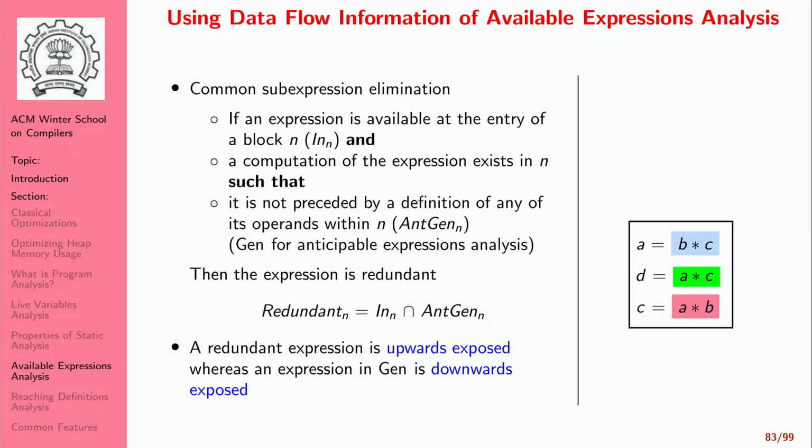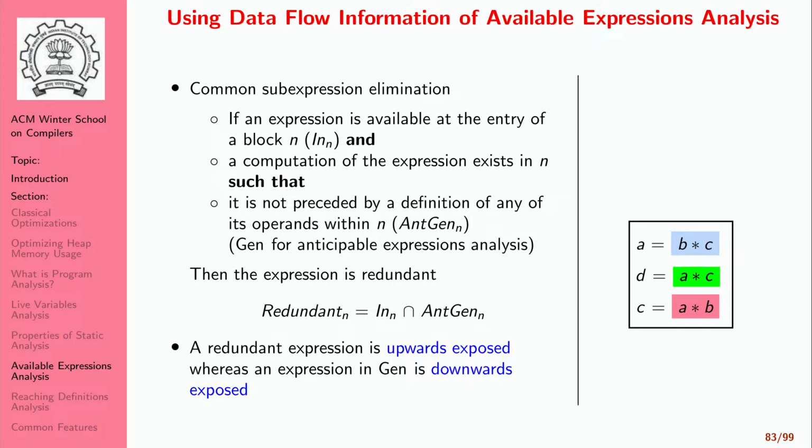If we have a basic block and we have an occurrence of A star B, and we are asking, is this A star B an instance of common sub expression? Can I eliminate this A star B?